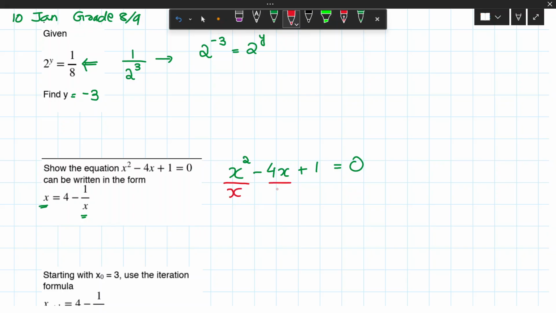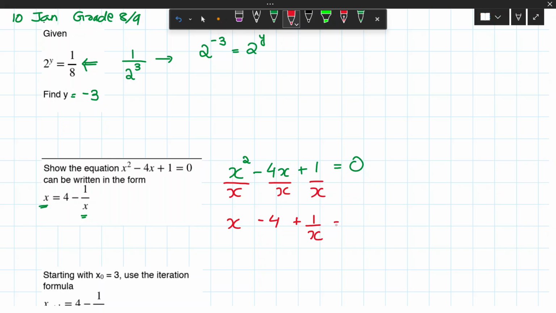So divide by x, divide by x, divide by x, and that leaves me with x squared over x, that gives me x, minus 4 over x, that gives me minus 4, and then 1 over x, that just becomes 1 over x.